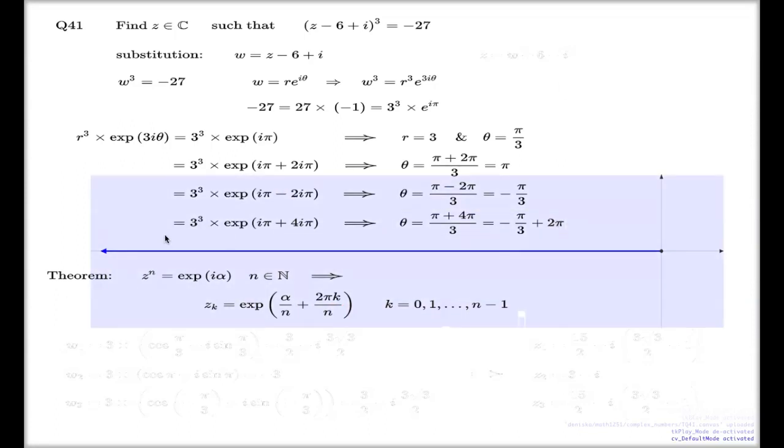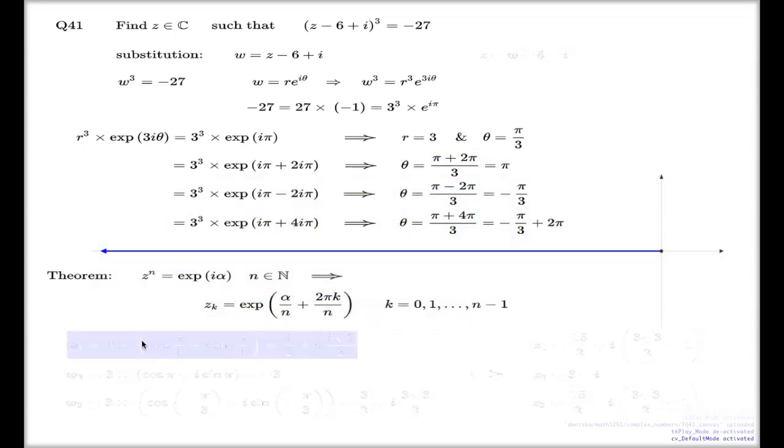Geometrically, if I try to picture these numbers, let me first write them out. So basically we solve this equation, at least in exponential form. The values for r are always 3.